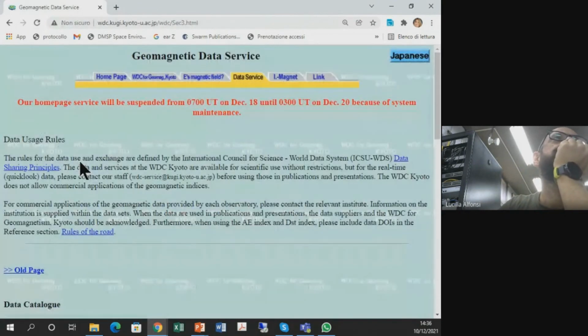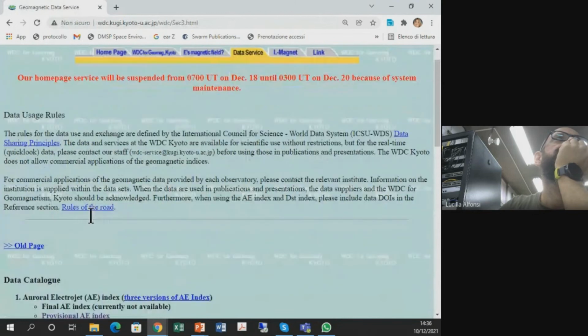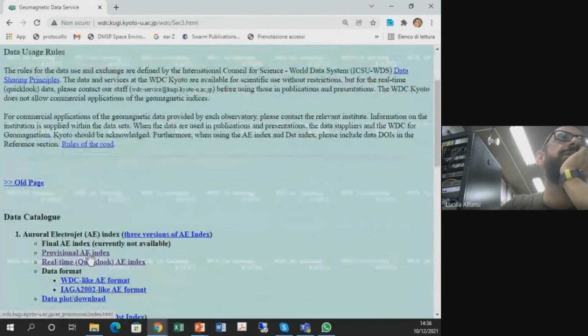For example, here we can have a look at the Aurora Index.